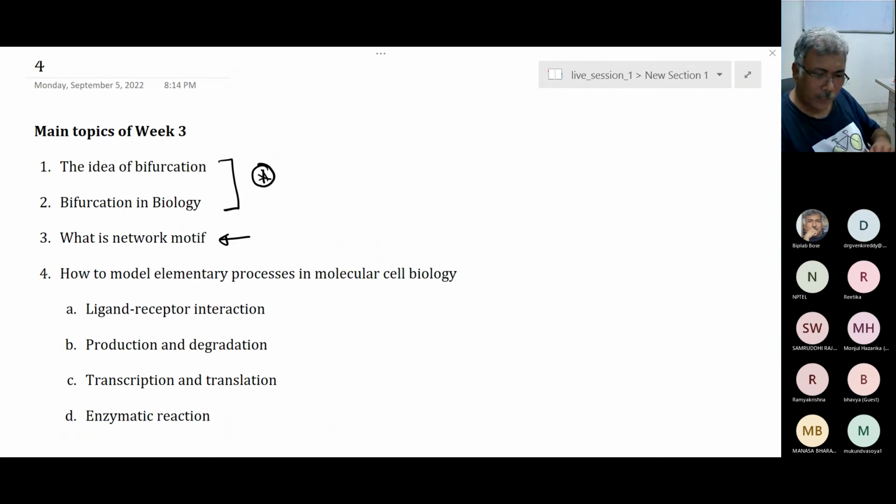The one problem that many a time even our biology students face difficulty with is that you open any biochemistry book, any book on metabolism, any book on cell signaling, and you will see large diagrams. A controls B, B controls C, from C there is a feedback, and a huge diagram of pathways. They can be metabolic pathways, they can be cell signaling pathways, and nowadays we are generating large high-throughput data.